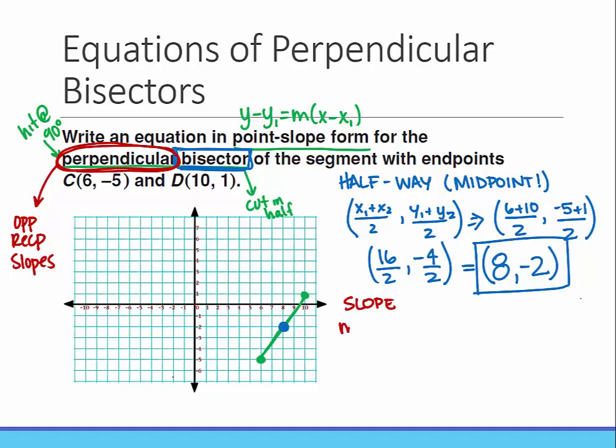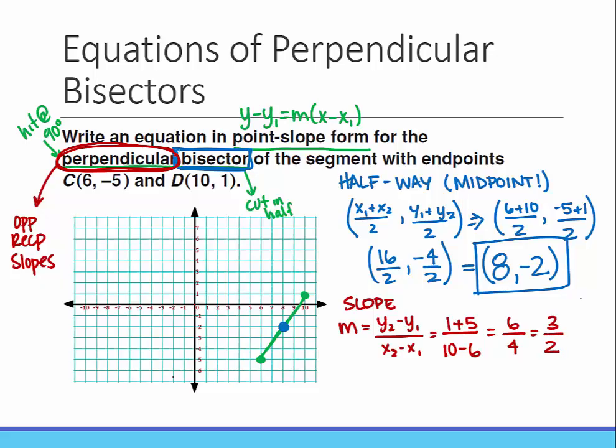So let's find the slope of this green line that we have here. And remember, slope is y2 minus y1 over x2 minus x1. So if we plug our stuff in, we subtracted a -5, so we're really adding. So we end up with 6 over 4, which reduces to 3/2.